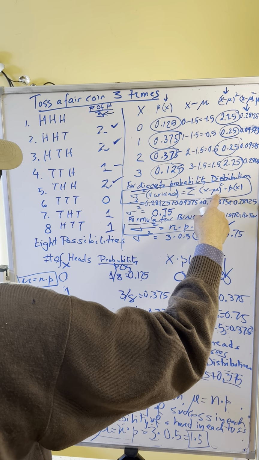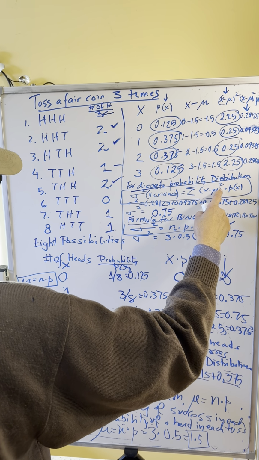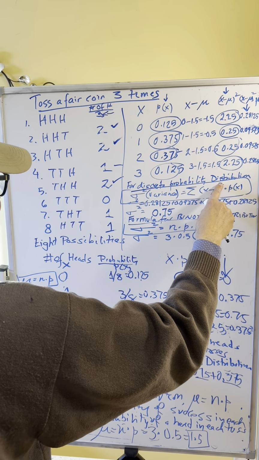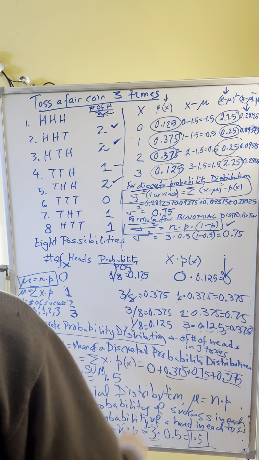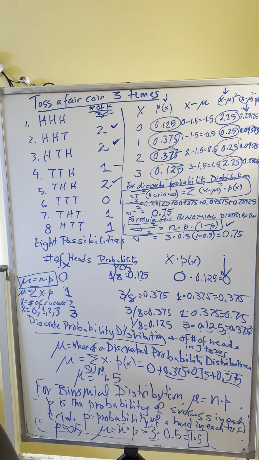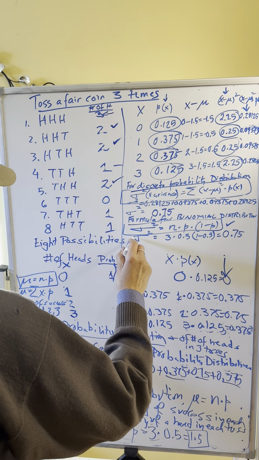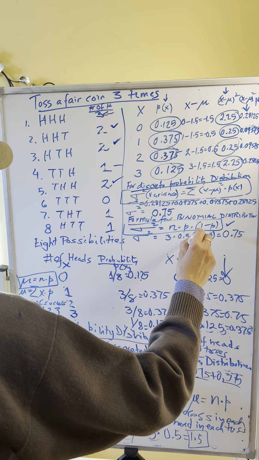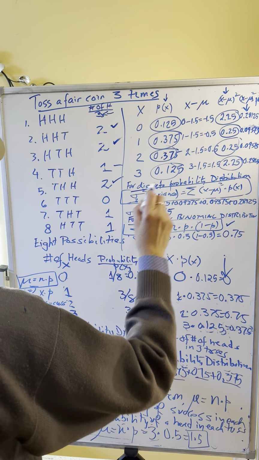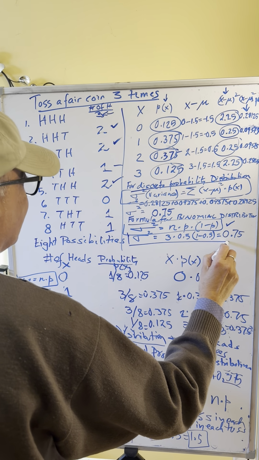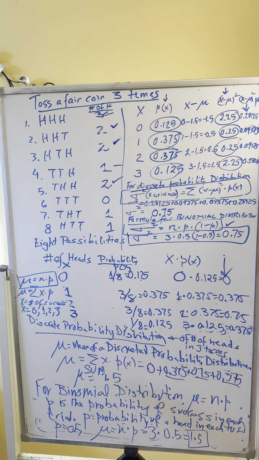X is a number, variation from the mean, difference from the mean, squaring it. Because you're squaring it, it's a second moment, and that is multiplied by the probability of that x value. So bottom line, sigma square is equal to n times p times 1 minus p, which is the variance, and it is the same as the variance of a discrete probability distribution.